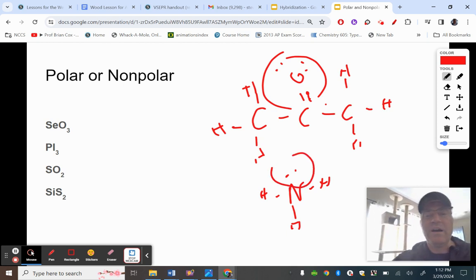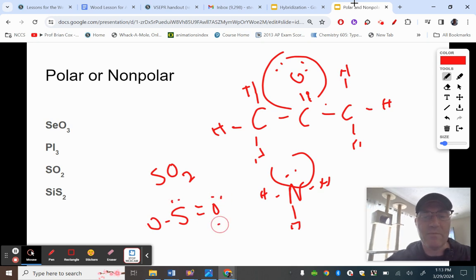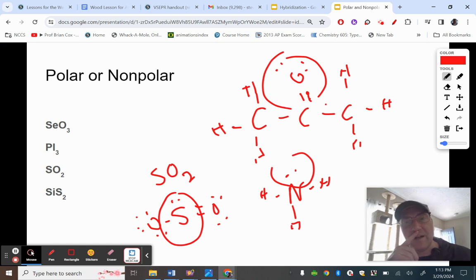And then something like, oh geez, let's just do SO2. SO2 happens to have resonance. I just know what it looks like as I've drawn it a million times. This one's bent, and this is definitely polar because this is asymmetrical. All right, so what is nonpolar? Well, methane, right?